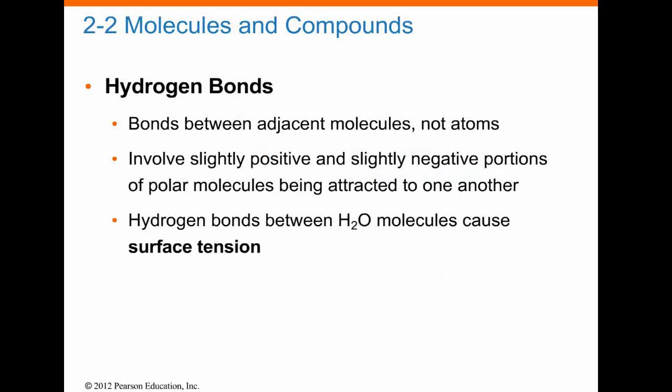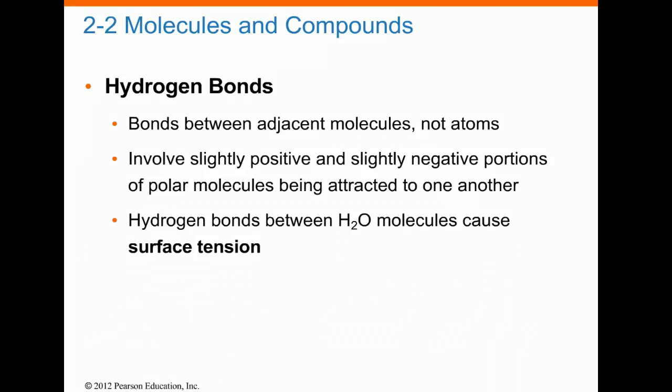Hydrogen bonds. Now the final one, hydrogen bonds between 2 adjacent molecules, not atoms, involve slightly positive and slightly negative portions of the polar molecules being attracted to one another. Hydrogen bonds between water molecules cause surface tension. Sorry about that.